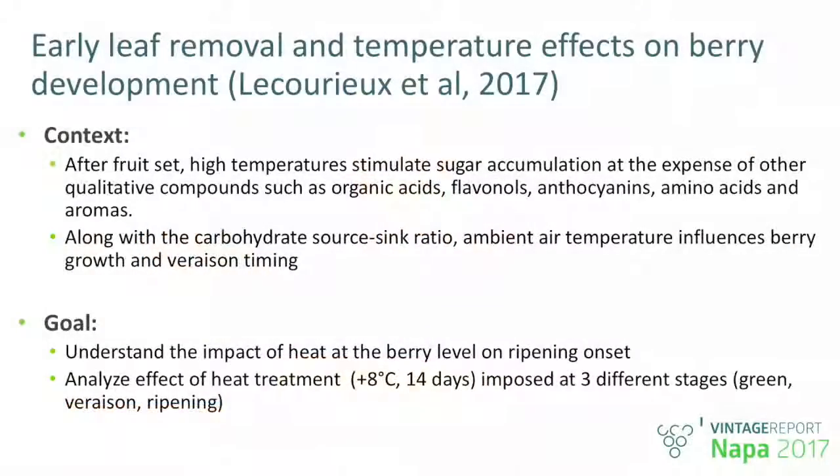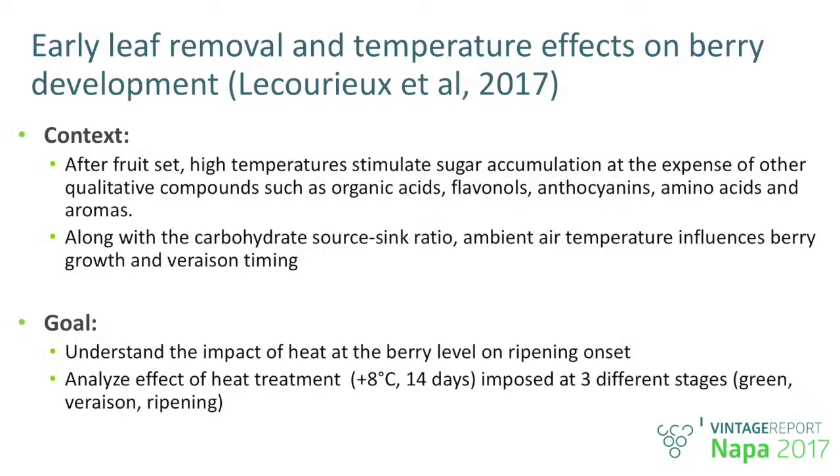But a very interesting work has been undertaken by Le Courieux and his team on Cabernet Sauvignon, and they're trying to predict what's going to be the impact of warmer temperatures and how we can mitigate, as winemakers or wine growers, their negative impact by manipulating lateral removal to provide more shade and therefore lowering ambient temperature a little bit.